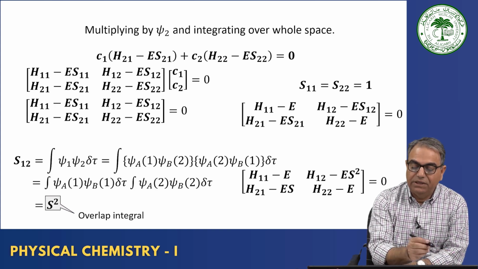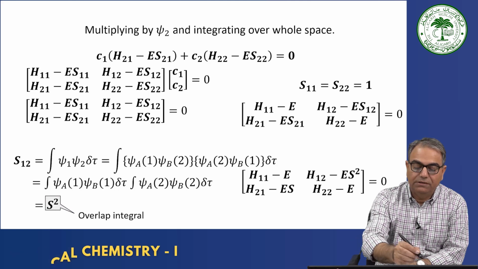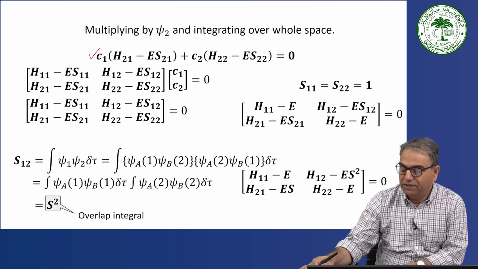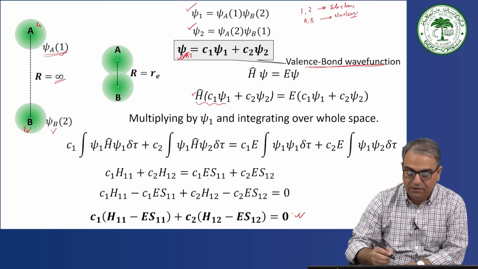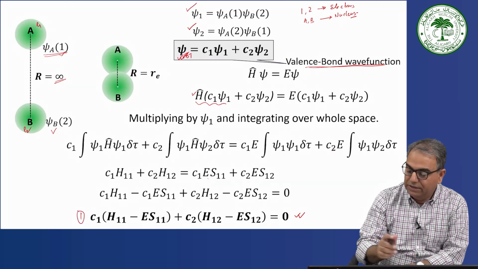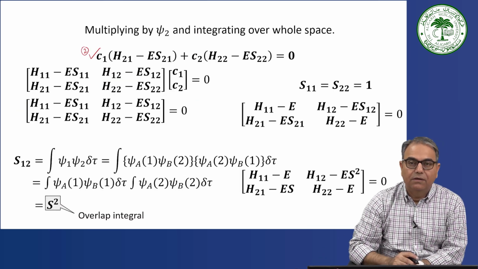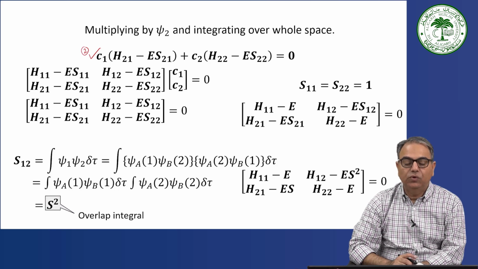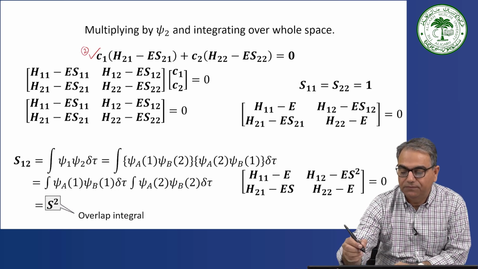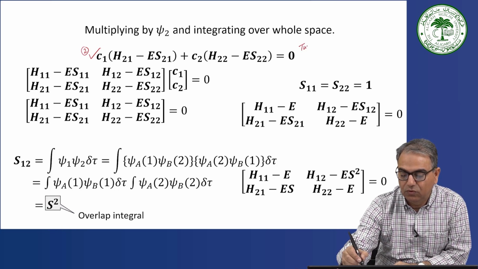And with these two simultaneous equations, the first equation and the second equation, the two unknowns are C1 and C2. Two simultaneous equations with two unknowns. This we have done earlier also.